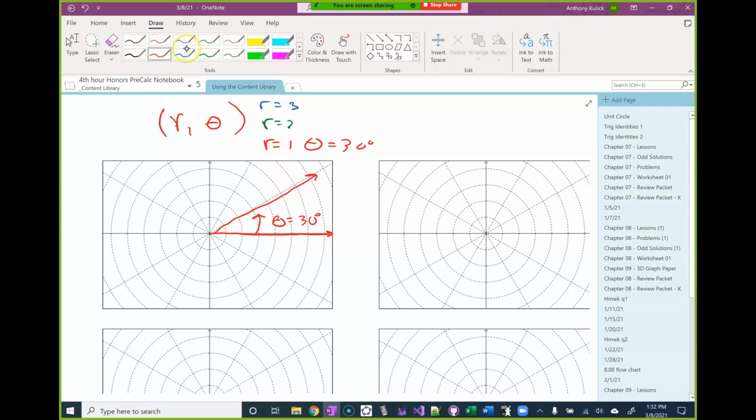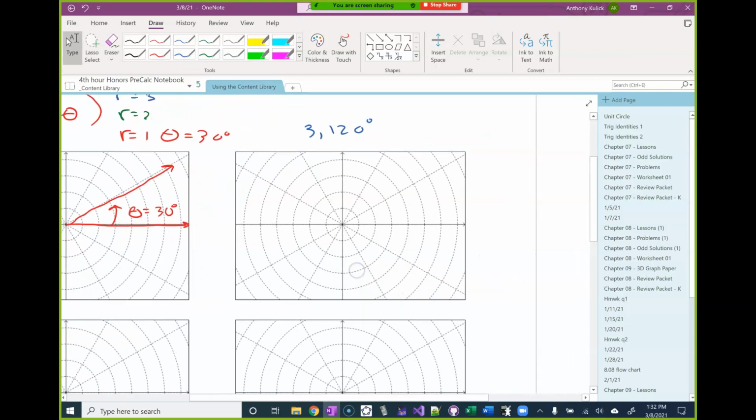So if we wanted to plot the point, say, 3, 120, I'm going to be using a circle whose radius is 3, which is that one. And for that 120 degrees, my initial side is here. So 30, 60, 90, 120 is there. So there's 120 degrees.